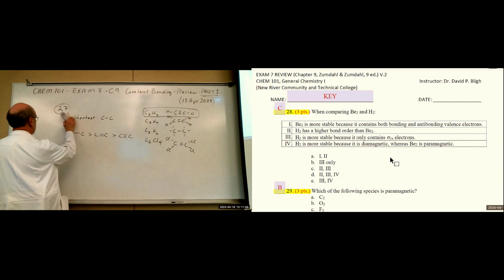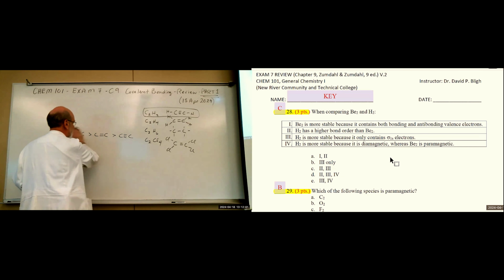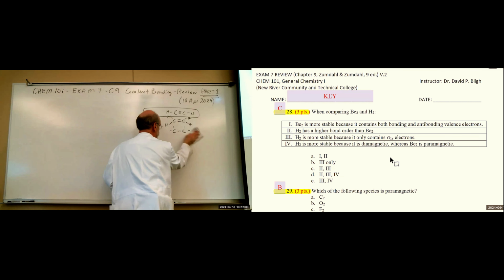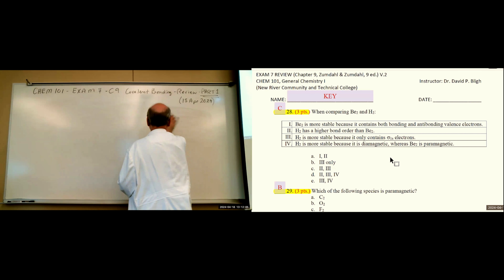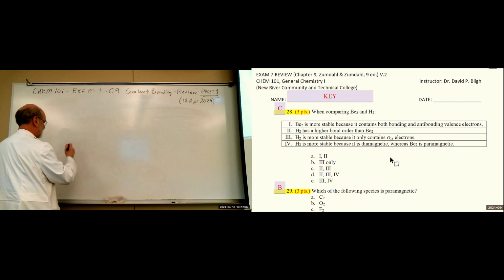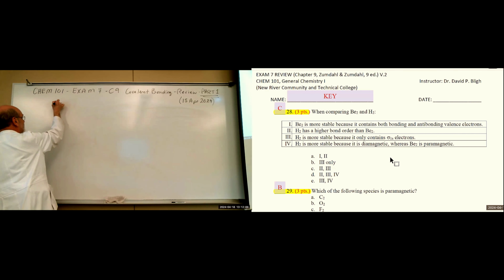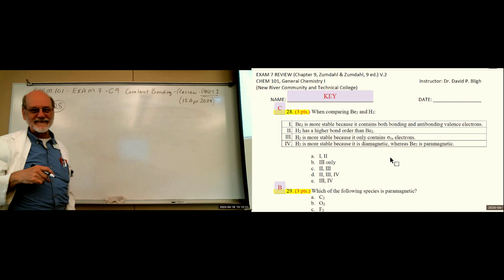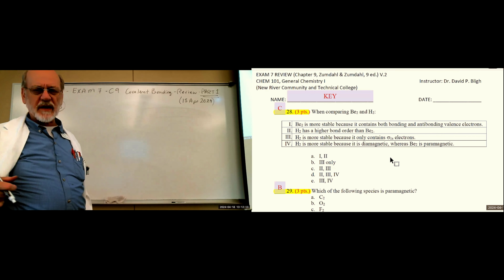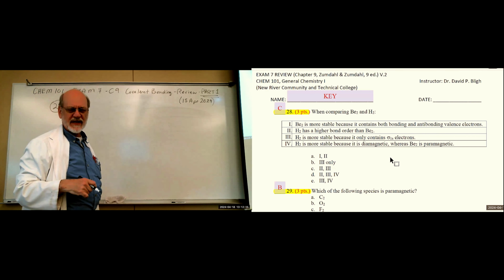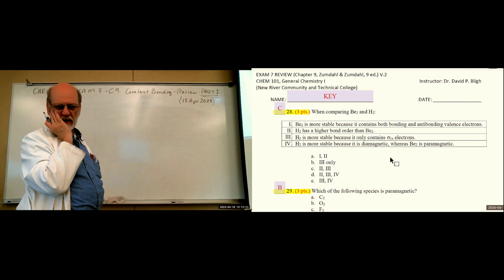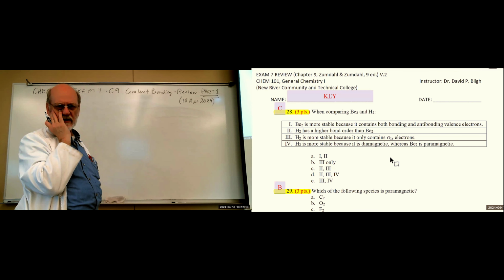28. Okay. When comparing diberyllium and dihydrogen, we got 4 possibilities here.